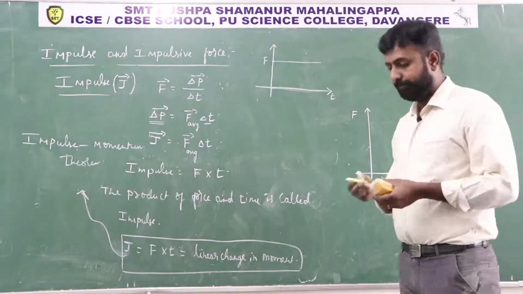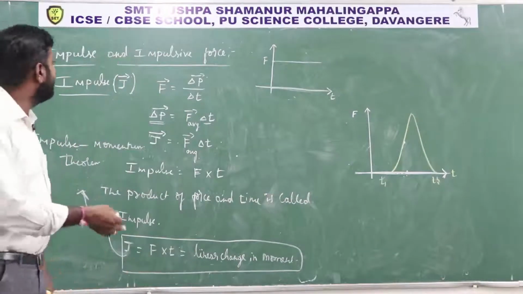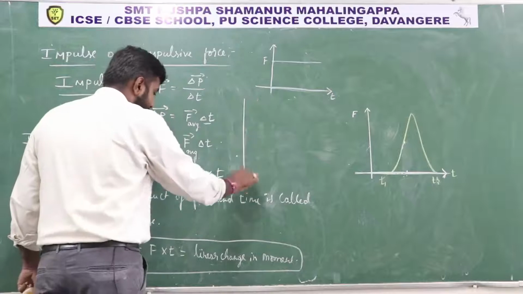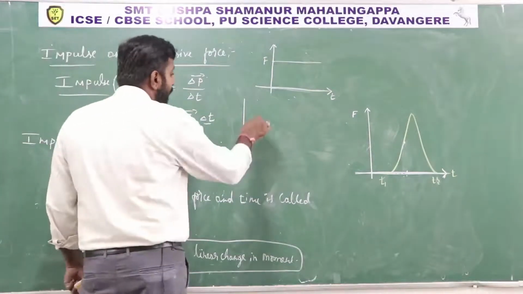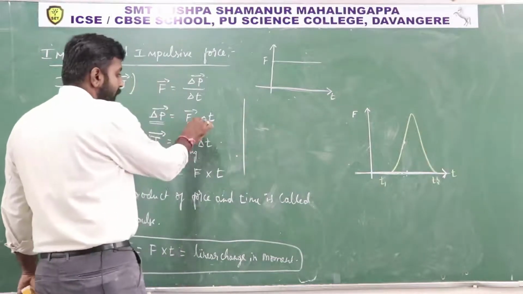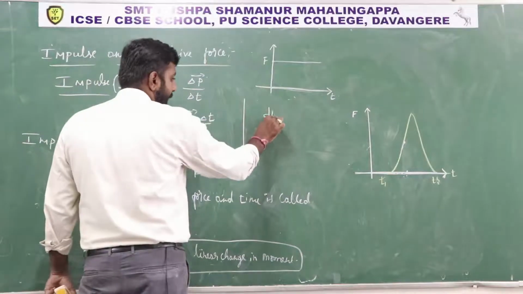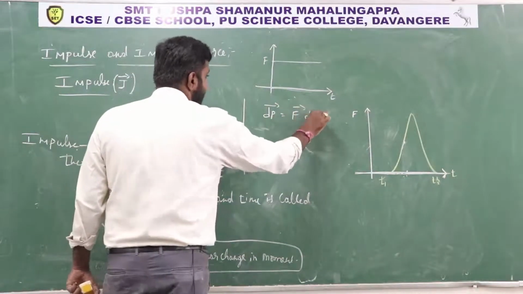So here is one more method to understand impulse. How can I derive this impulse? Impulse is equal to F into T, like this. Here delta P is equal to F into delta T. I will write here dP is equal to F into dt.